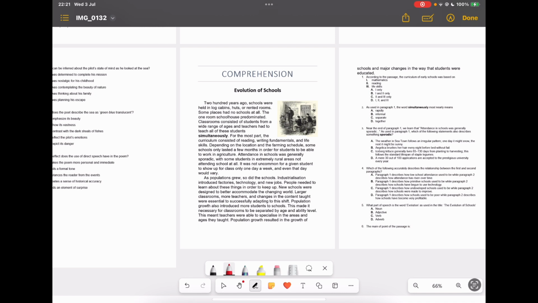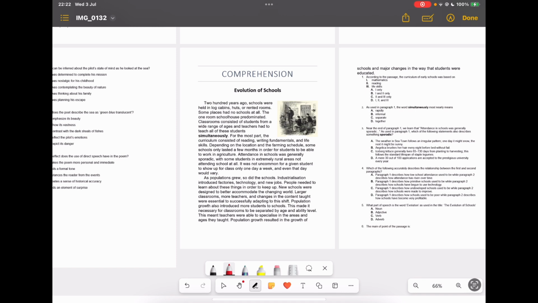So, comprehension, the evolution of schools. Let's read the passage. 200 years ago, schools were held in log cabins, huts, or rented rooms. Some places had no schools at all. The one-room schoolhouse predominated.